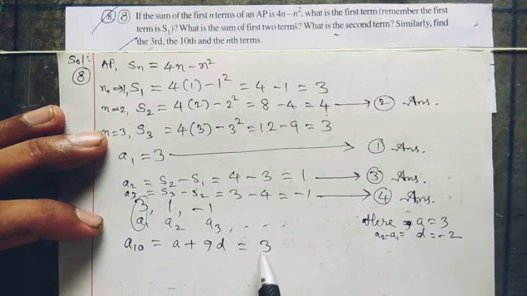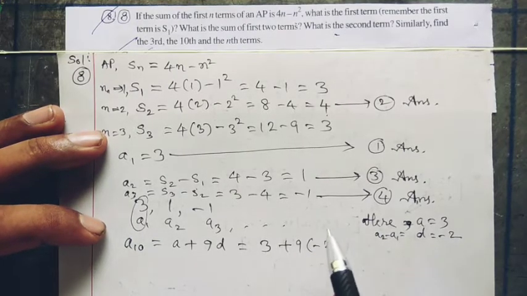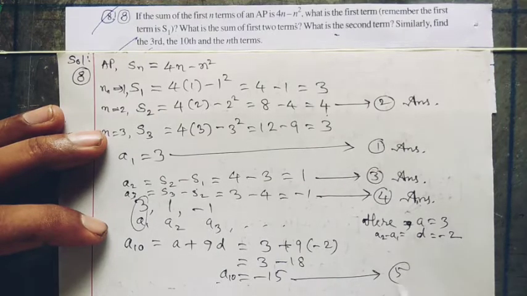So d = -2. 3 + 9 × (-2) = 3 - 18 = -15. 10th term A10 = -15. So this is the fifth answer.